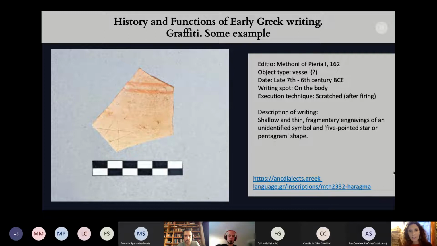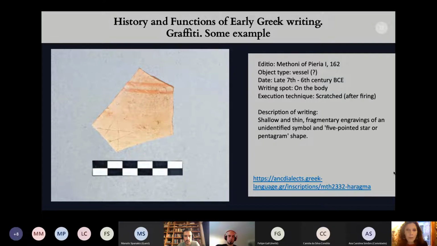So the idea is that these marks are like the first stages before the invention of the Greek alphabet, but also the stage in which you can see that there is the urge to start writing, to start marking, to start flagging, and so on.